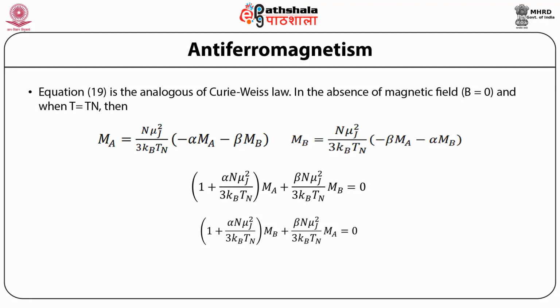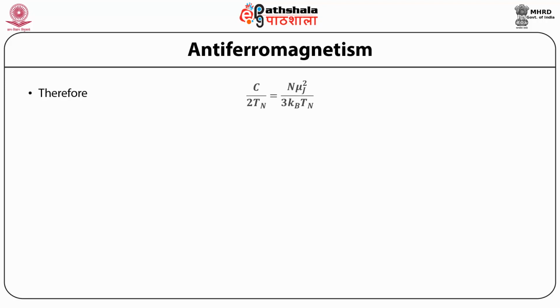And further, 1 plus alpha N μ J squared over 3 k_B T_N M_B plus beta N μ J squared over 3 k_B T_N M_A is 0. Since C is 2N μ J squared over 3 k_B, therefore C over 2 T_N comes out to be N μ J squared over 3 k_B T_N.